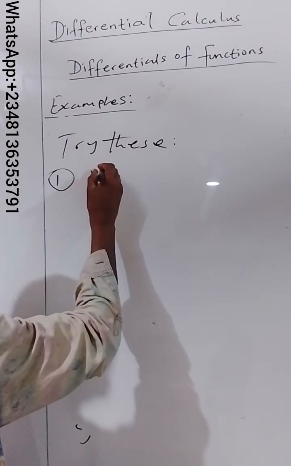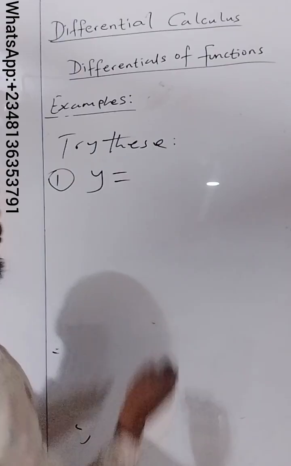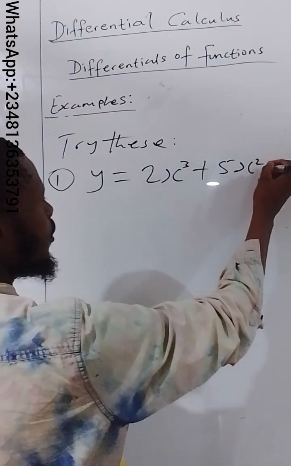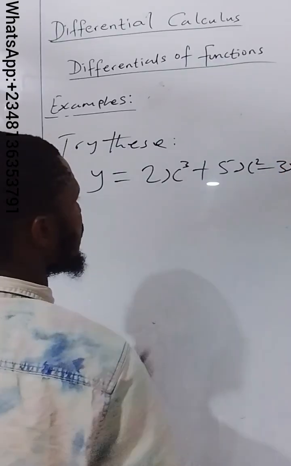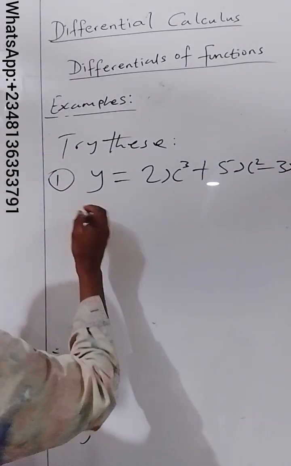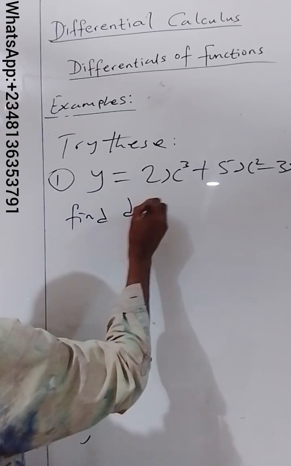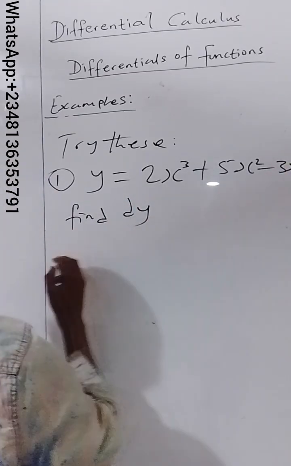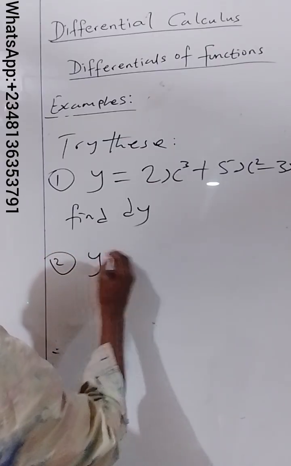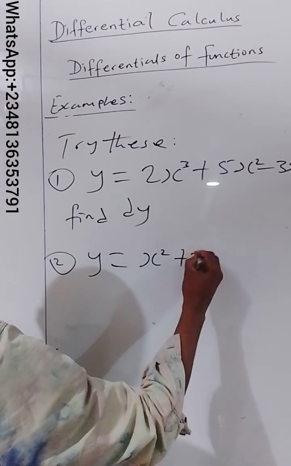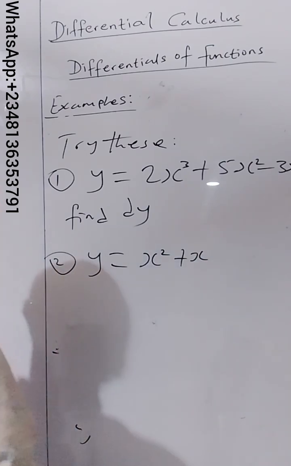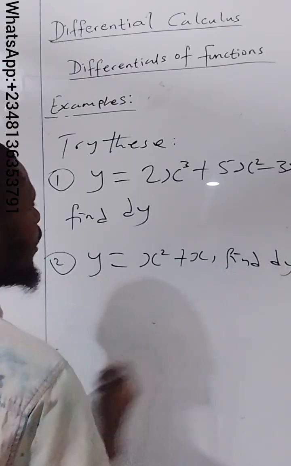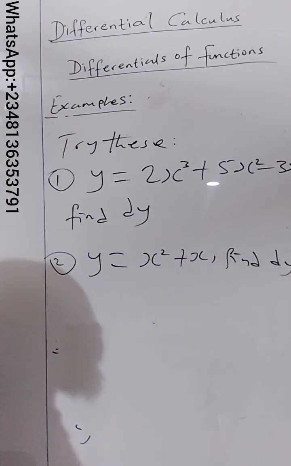Let's assume you have y equal to 2x raised to the power 3 plus 5x squared minus 3x, and you are asked to find the differential dy. Let's also assume that you have another question. Let's say you have y equals x squared plus x, and you are asked to find the differential dy. So try it and drop your answer in the comment section.